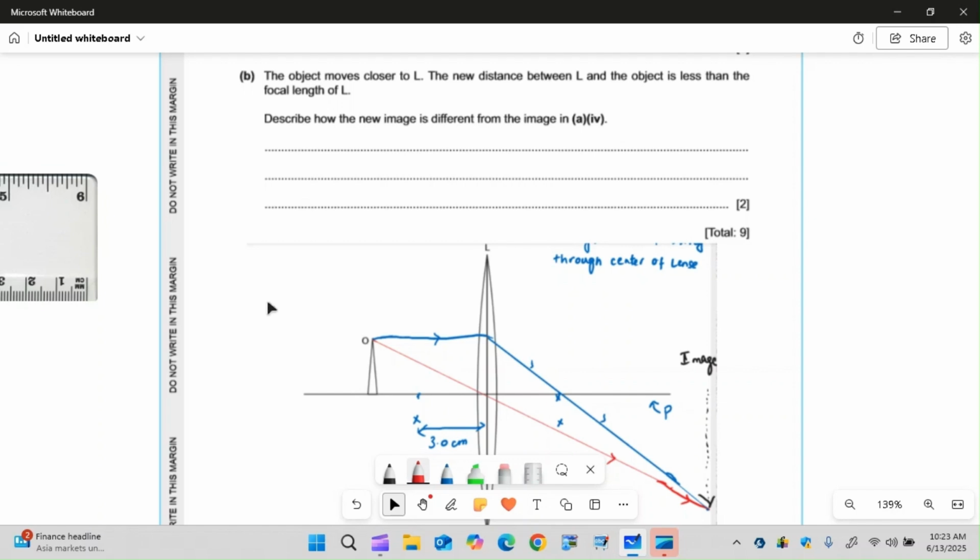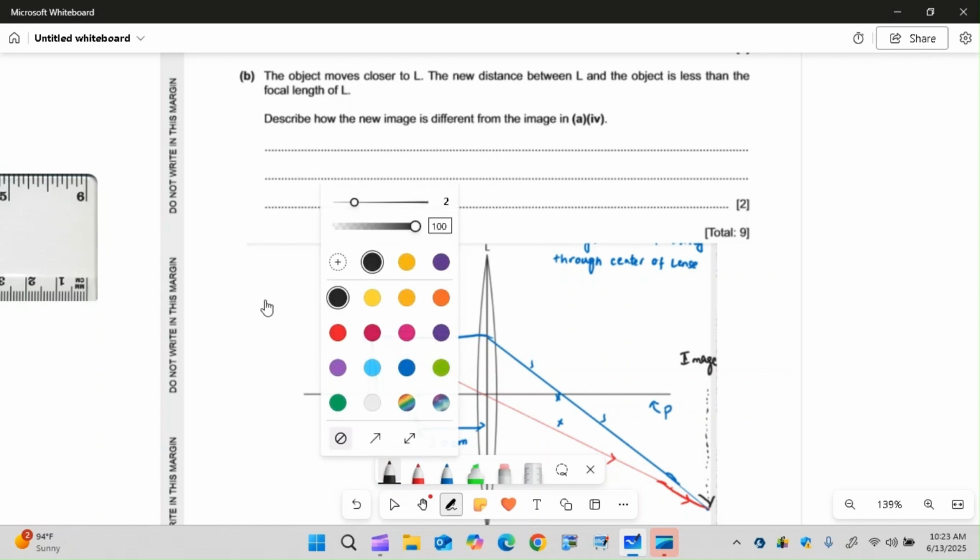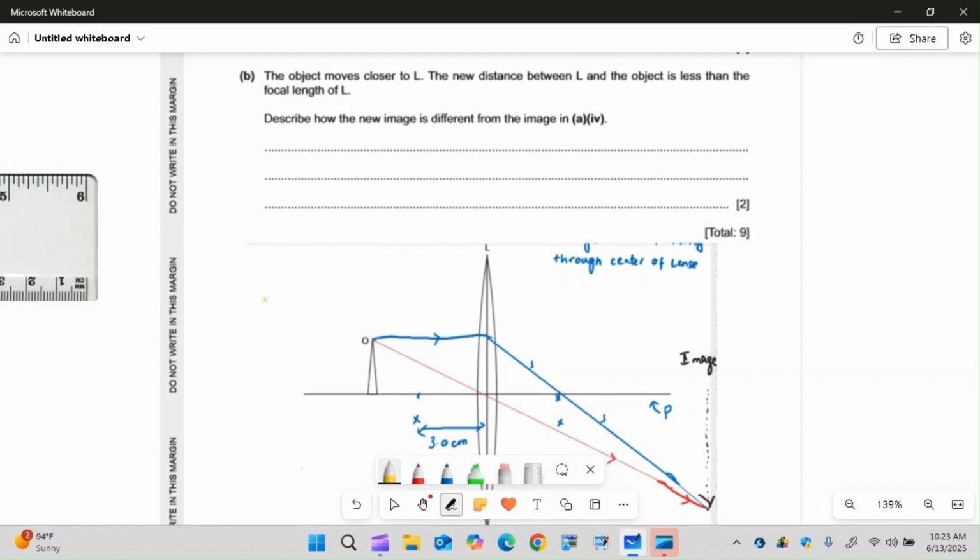Okay, the new distance between L and the object is less than the focal length. For example, I draw the object here. Let me choose a different color just to show the new position of the object. Let's say this is the new position. This is F. So the new position is this one.